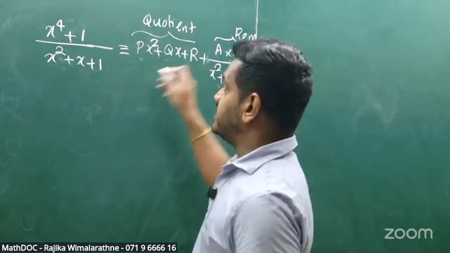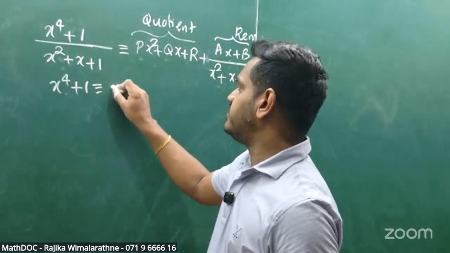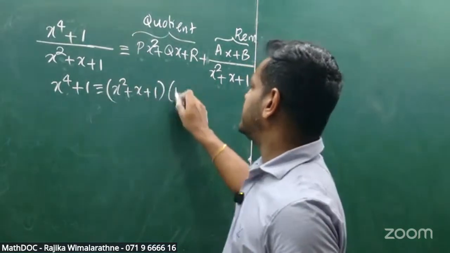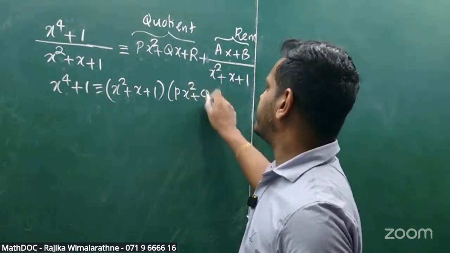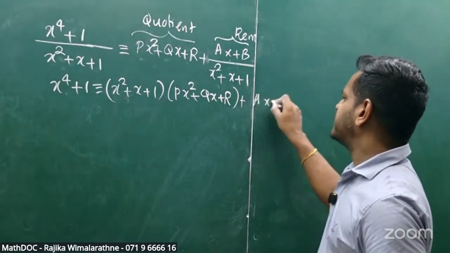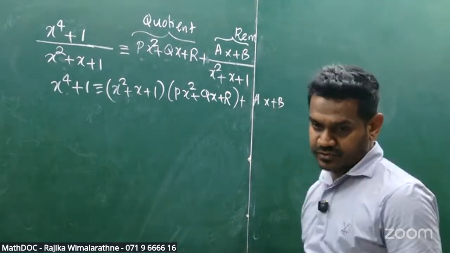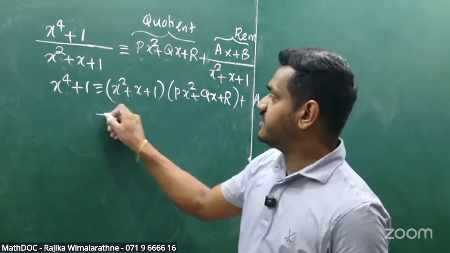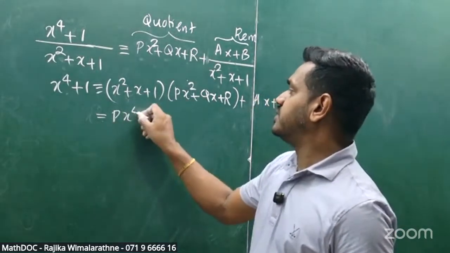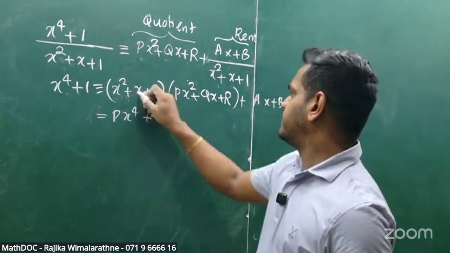Now multiply by this. X to the power 4 plus 1 equals x squared plus x plus 1 times px squared plus qx plus r, plus ax plus b. Now expand and take similar terms together. So let's see. We have 1 x to the power 4 term. Then we have x cubed terms, here q plus p.